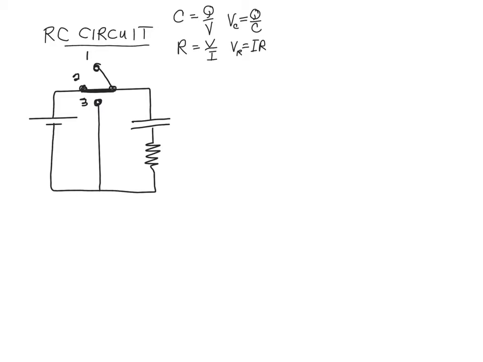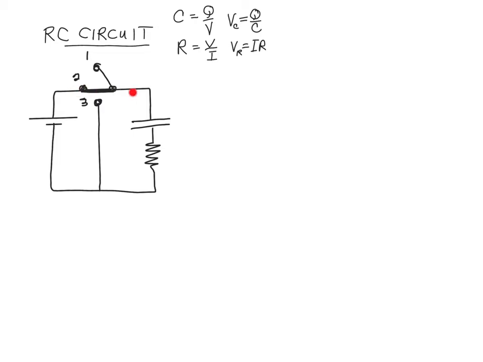So it goes from 0 to some final charge, and the place at which it will stop charging is when the capacitor reaches the voltage of the battery. So while the capacitor is charging, there's current going through the resistor. But when the capacitor gets fully charged, and this is 12 volts and the battery is 12 volts, there can be no more current.